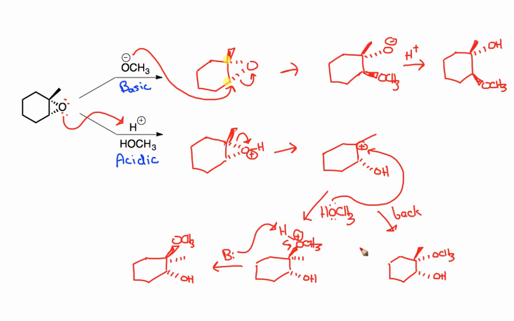But the big difference to note here is that our nucleophile, which was the HOCH3, under these acidic conditions attacked the more substituted carbon, whereas under the basic conditions, we attacked the less substituted carbon to give this product.